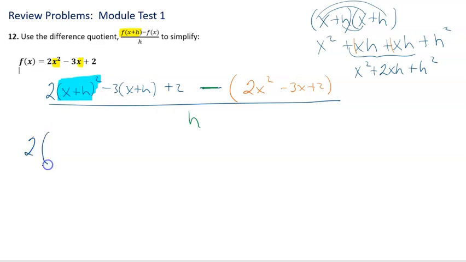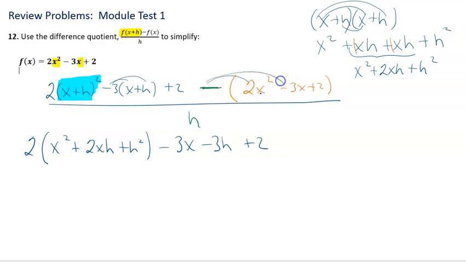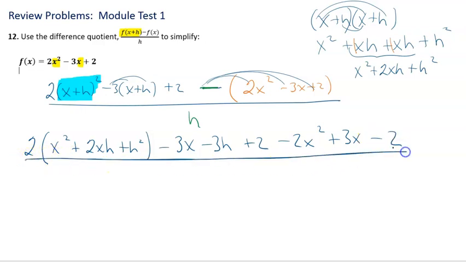So that's 2 times, parentheses still required, x squared plus 2xh plus h squared minus, okay, now I can go ahead and distribute this negative 3 inside, so that's minus 3x minus 3h plus 2, just recopying that, and then distribute this negative inside each of these terms. So that's going to make that a negative 2x squared, a plus 3x, and a minus 2, all divided by h.